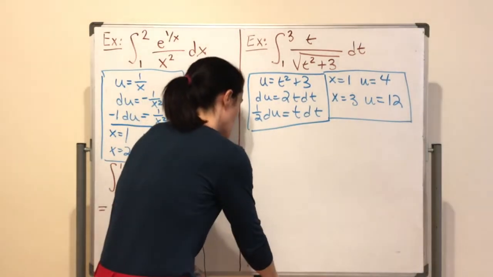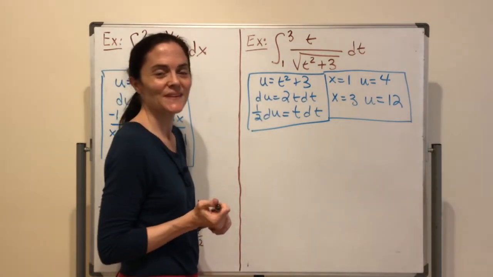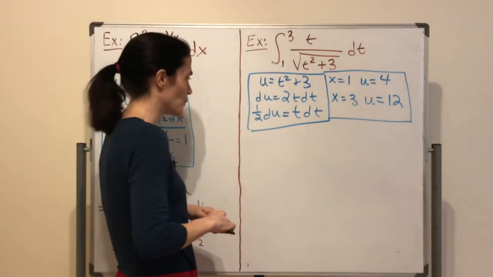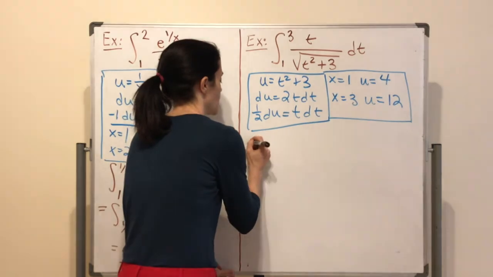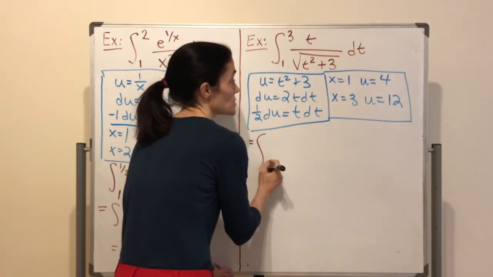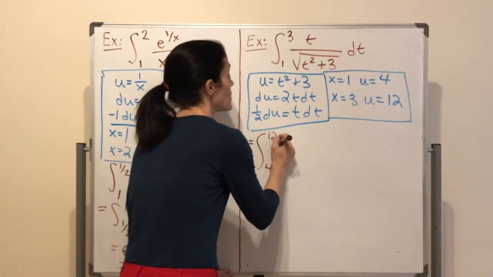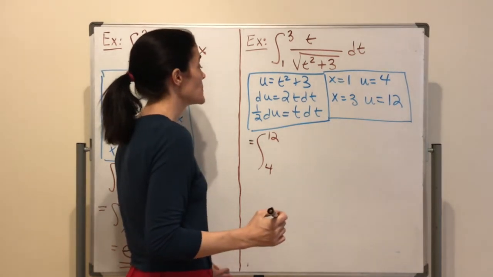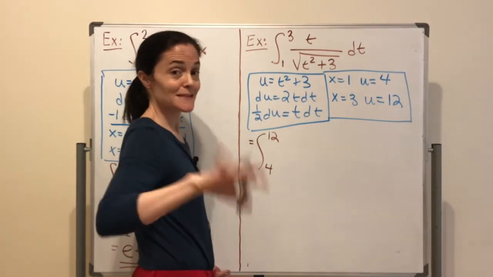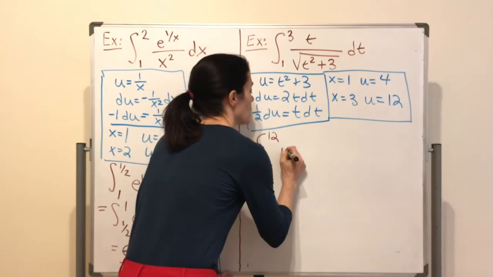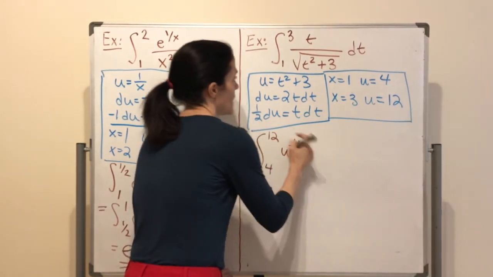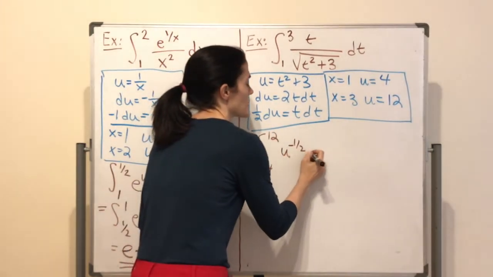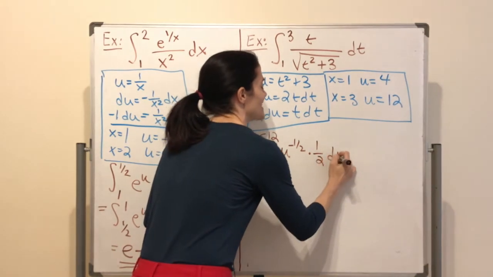Now let's write this definite integral as one of u. So this is an integral. u goes from 4 to 12. And then we really have u to the minus 1/2, and then we have times 1/2 du.